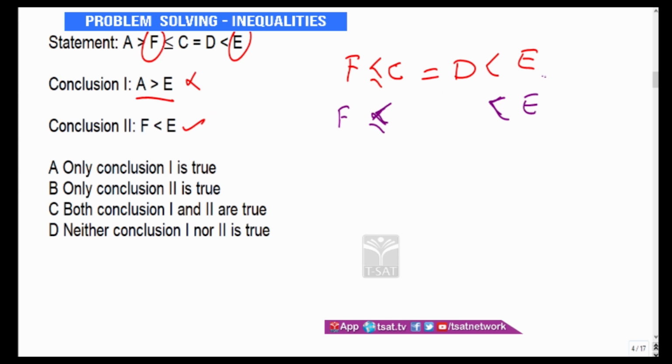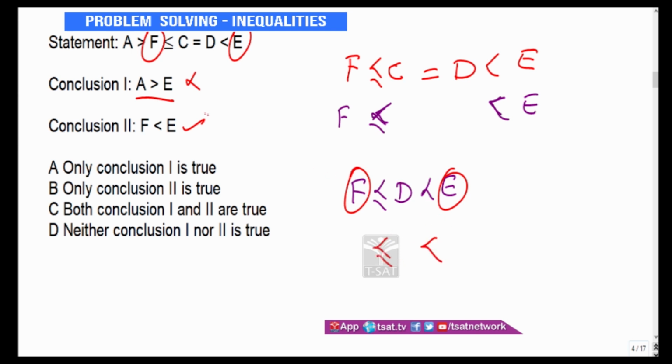For example, I can shortcut this particular statement. How? I can write F is less than or equal to C, but C is equal to D. So I can directly write D here, because both C and D are equal. Now D is less than E. So directly now you take E and F. There are two symbols, greater than and greater than or equal to.